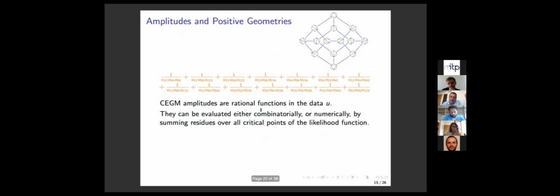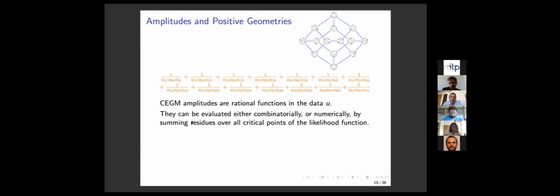Now, let me digress a little bit and tie this in with the amplitudes. So here's the formula that many of you know, that you've seen in Nick's paper. The amplitudes for the CEGM model, for example, are rational functions in the data, and they can be evaluated either combinatorially, using the beautiful combinatorics that Nick spoke about, or numerically by summing residues over all critical points of the likelihood function.